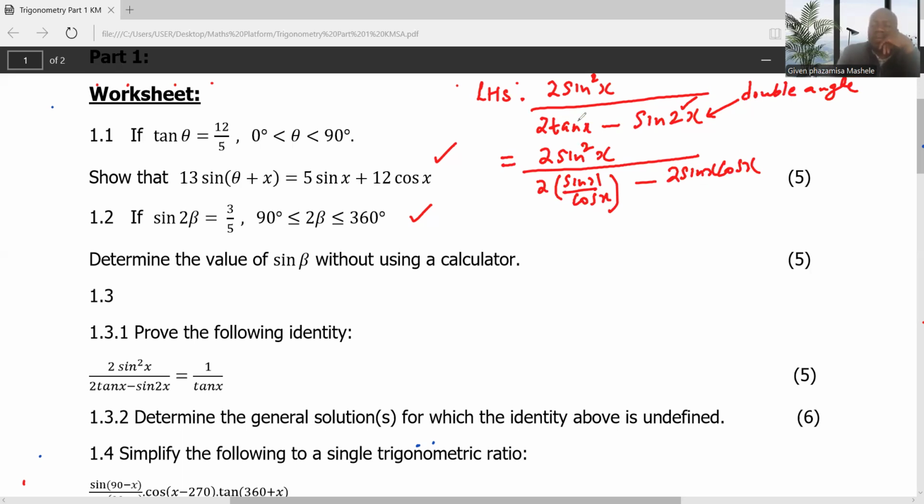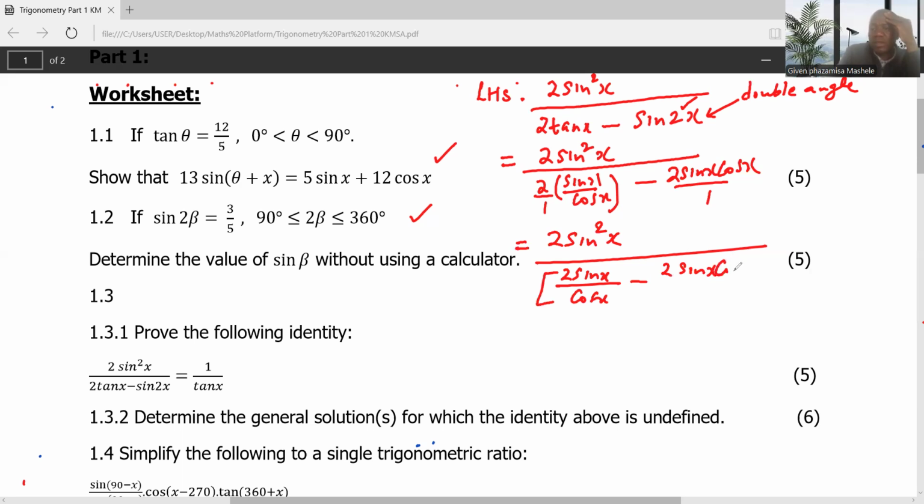And since this expression here is a fraction, you have to divide it by 1 to make this a fraction too, so that we can simplify fractions. So this is the same as 2 sine squared x divided by 2 sine x over cos x minus 2 sine x cos x over 1.